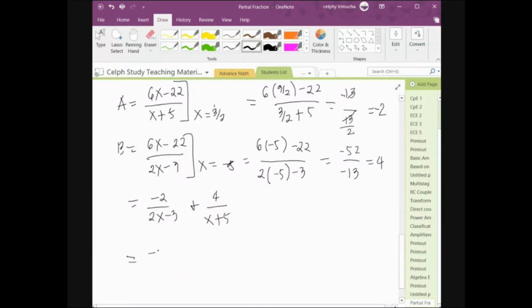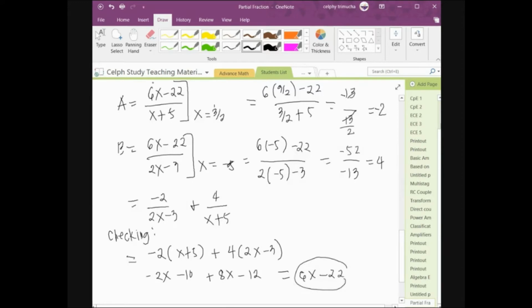So we have negative 2 times x plus 5 plus 4 times 2x minus 3. So we have negative 2x minus 10 plus 8x minus 12. So this is equal to negative 2 plus 8 is 6x, negative 10, negative 12, so minus 22. So aton nga numerator, pareho sa aton nga given. So both silingon, sakto aton nakuha nga answer.